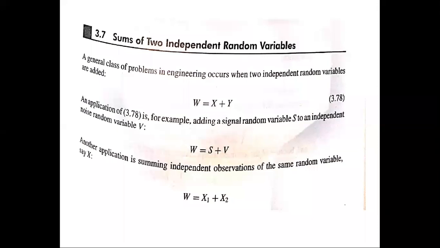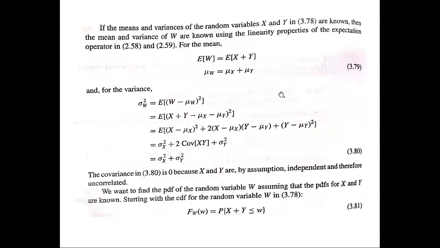For example, tossing of two dice, tossing of two coins, or using two different packs of cards for playing a game. At that time we might write w is equal to x1 plus x2. So remember that x and y, s and v, x1 and x2 are independent random variables.